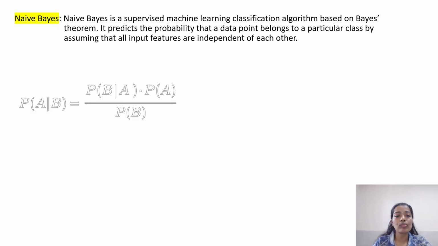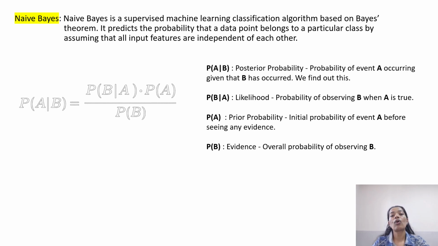So this is the formula for Bayes theorem. We have already, everybody knows it. So here in Bayes theorem, probability of A by B, we call it the posterior probability, and this is something that we are supposed to find out. The main aim of naive Bayes algorithm is to find the probability of A by B, which we call the posterior probability.